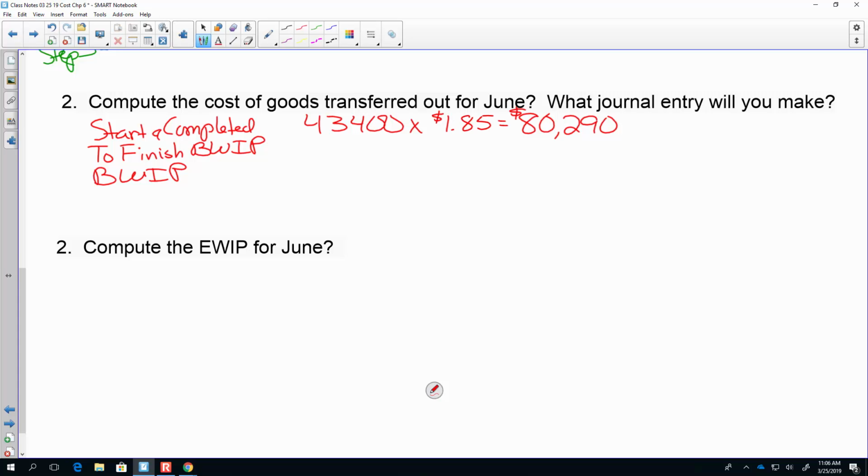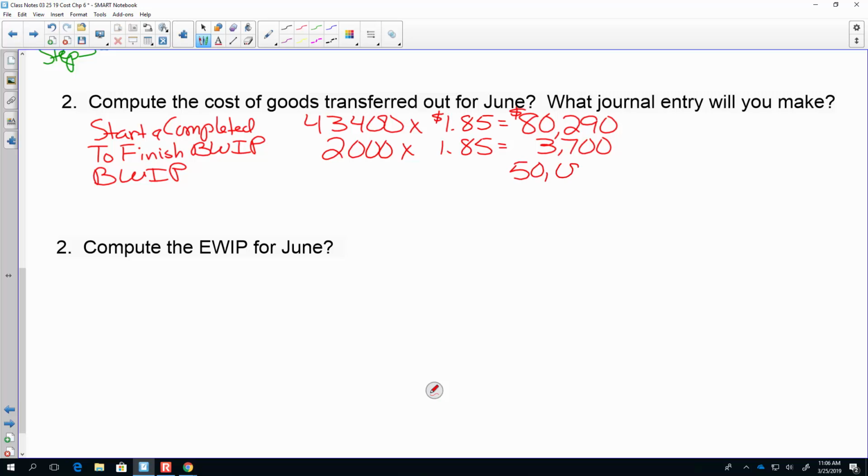How many units did we have for beginning WIP to finish them? 2,000. Excellent, Michelle. Times the same, 3,700. And then how much was cost in our beginning to start with? 50,000.